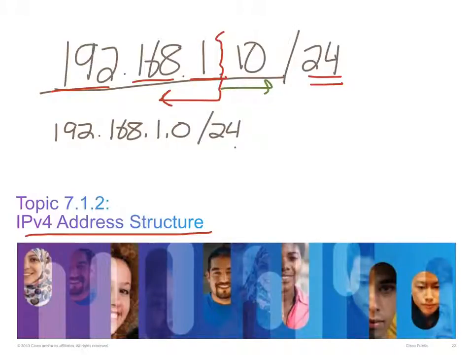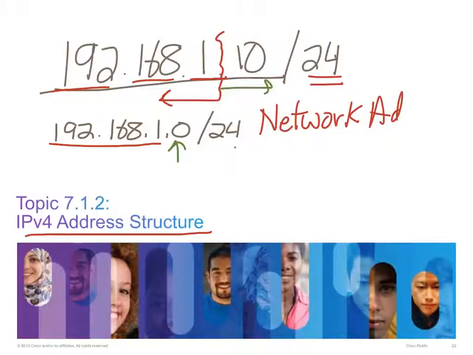So then if I did 192.168.1.0/24, eventually you're going to get pretty good. You're going to say, okay, I know that's the network. And if the host is 0, then this altogether is a network address.